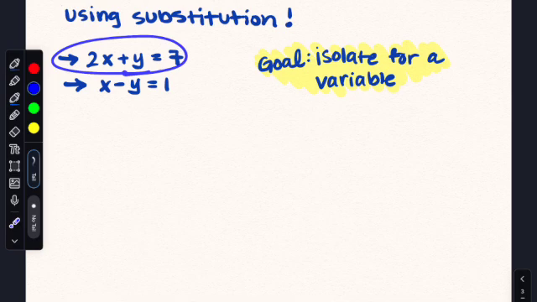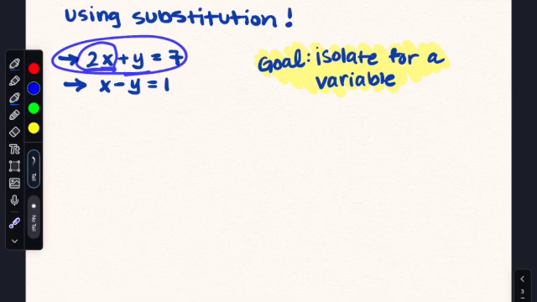If you were to isolate for x using this first equation, you would need to do multiple steps to get here because x is being multiplied by 2 and added to y. Whereas if you wanted to just isolate for y, all you would do is subtract 2x. Now, it doesn't matter. If you do either, you're not going to get the answer wrong unless you do the process wrong.